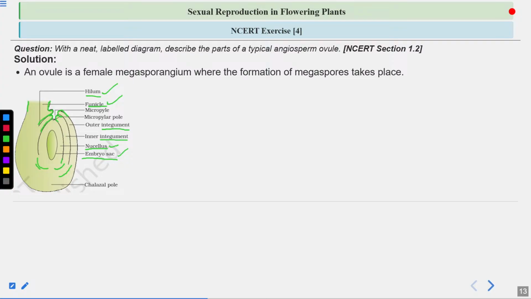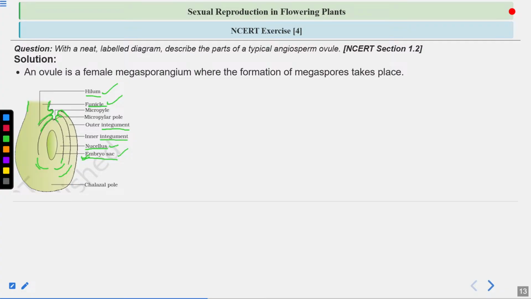That cell undergoes meiosis division, and it forms the 4 megaspores. Out of the 4 megaspores, only one is functional. 3 are non-functional, right? Three get degenerated, and that one functional one forms the embryo sac. Okay.